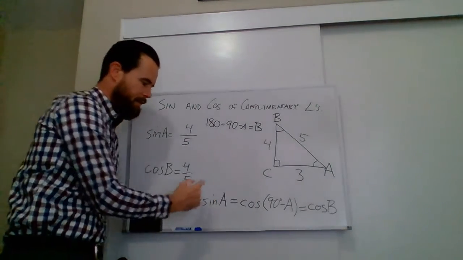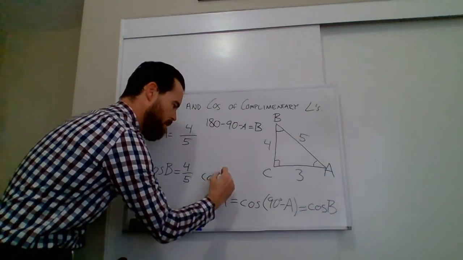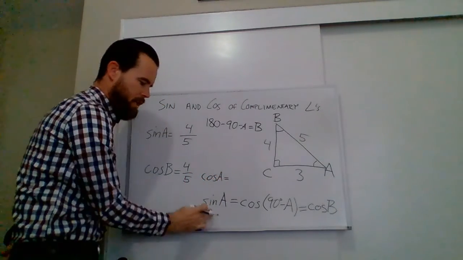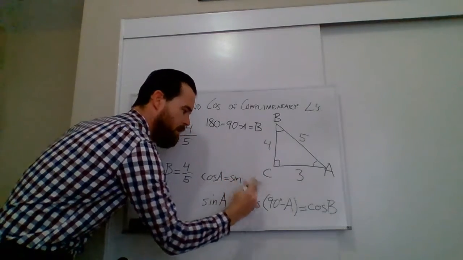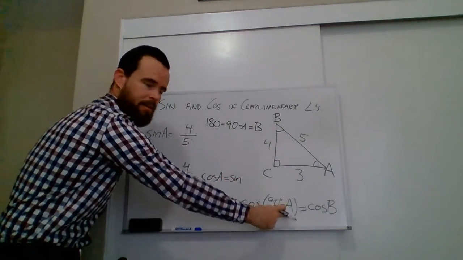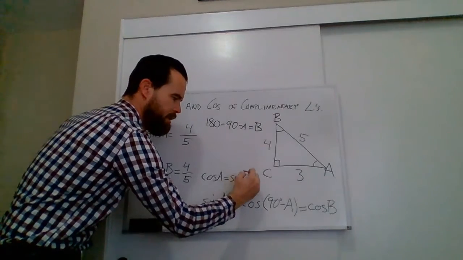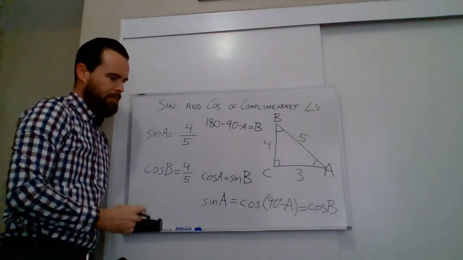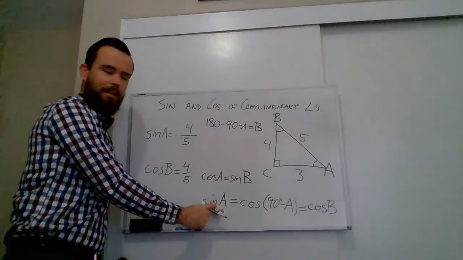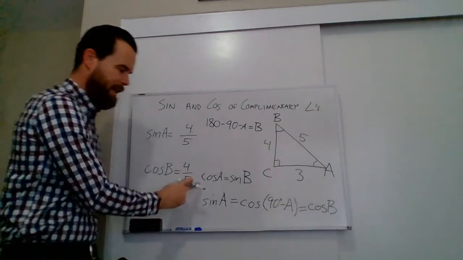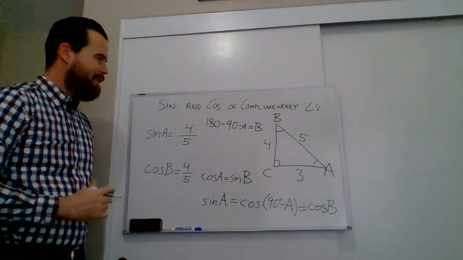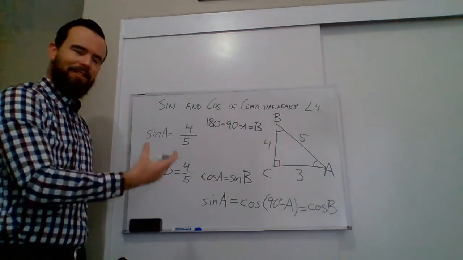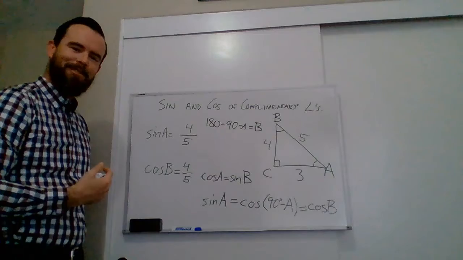The cosine of A is equal to the sine of 90 minus A, which is just B. So sine of A equals cosine of B, and cosine of A equals sine of B. I love when this math stuff just looks so pretty sometimes.